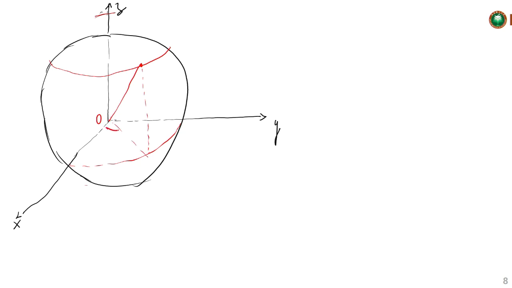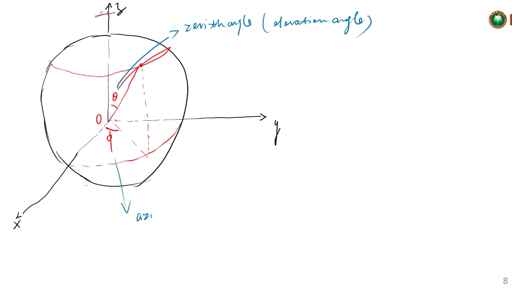So this angle is the zenith angle. Theta is the zenith angle, or we can call it the elevation angle. This other one is the azimuth angle.